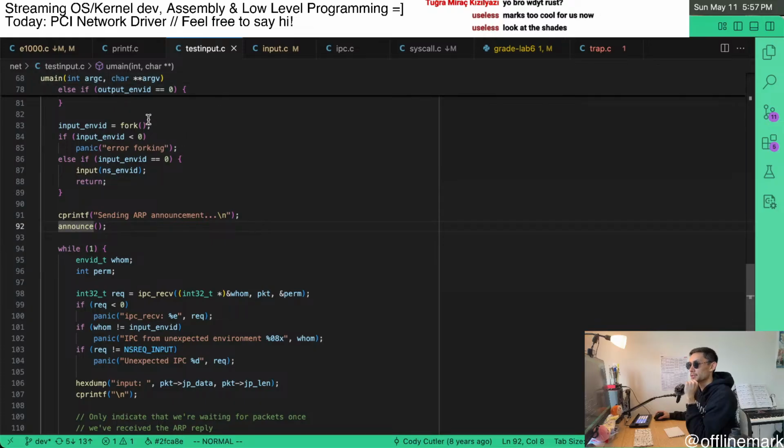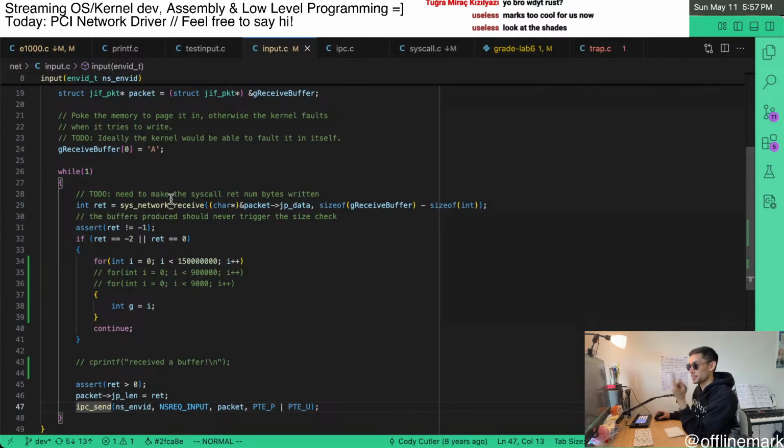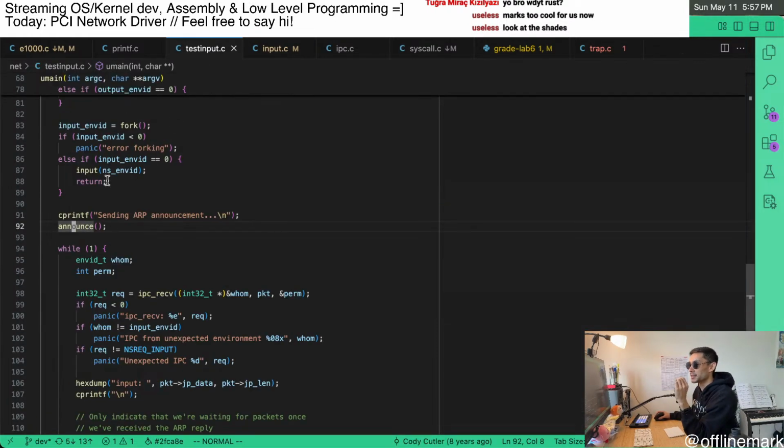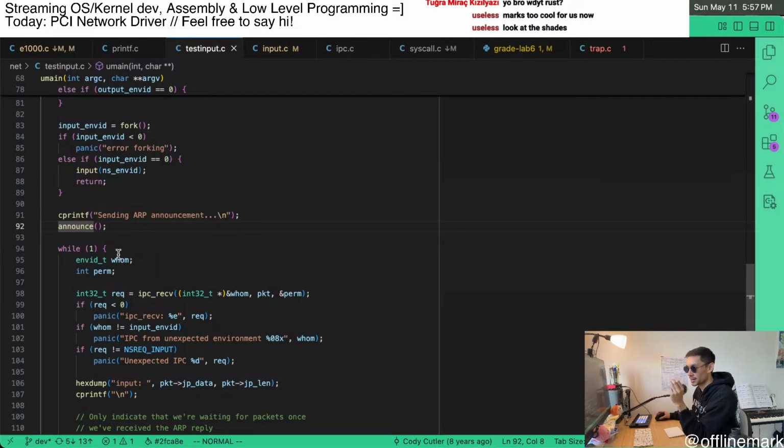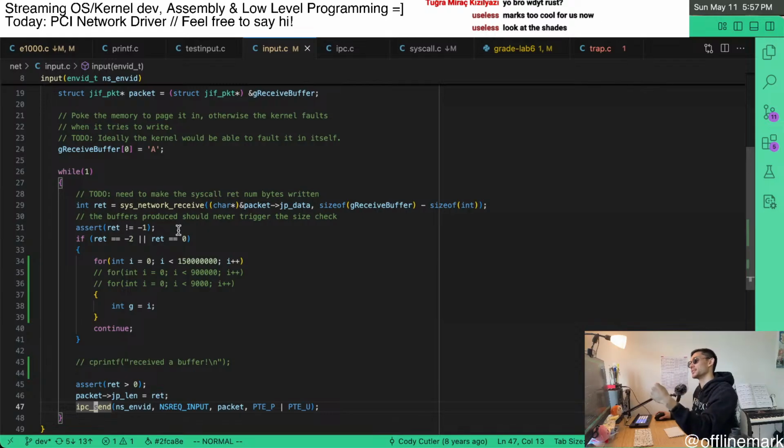There could be an amount of time where this thing starts, it goes and gets a packet, and let's say that succeeded, and we come down here and it's hitting send, but the parent is still making its way down here. It hasn't hit the receive yet. In that case, this process is just going to spin. It's not able to actually do the send.